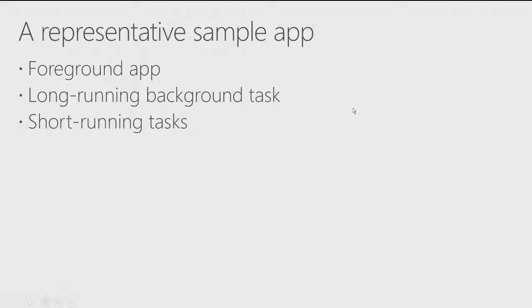So I've got a sample app. This is an app I'm building that I'm going to ship in the store. And it's very, very simple, obviously, but I've deliberately made it so that it's got a few interesting components. It has a foreground part, but it also has a couple of different background tasks. It has a long-running background task, an audio playback task, and it has short-running tasks as well. It exposes some app services.